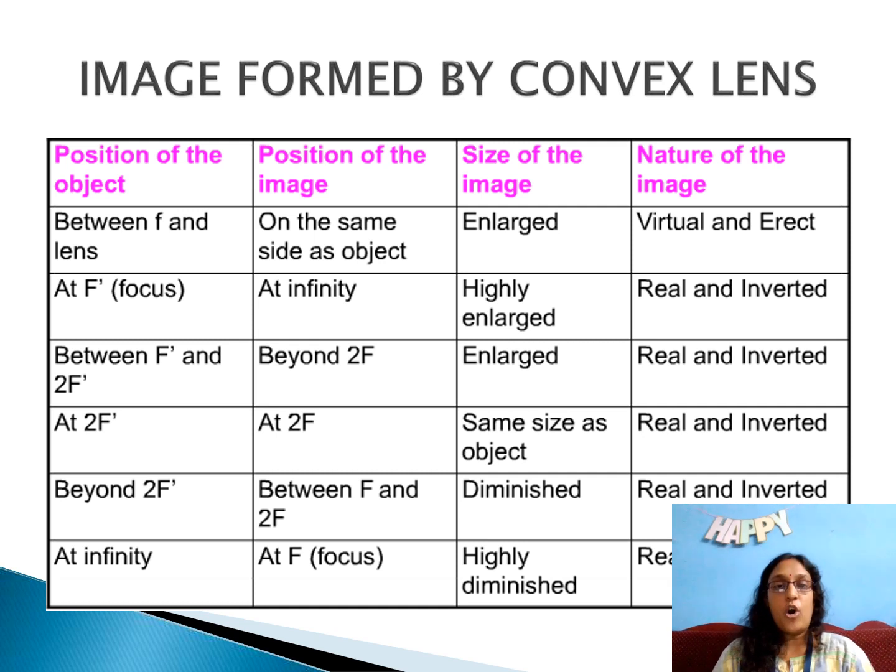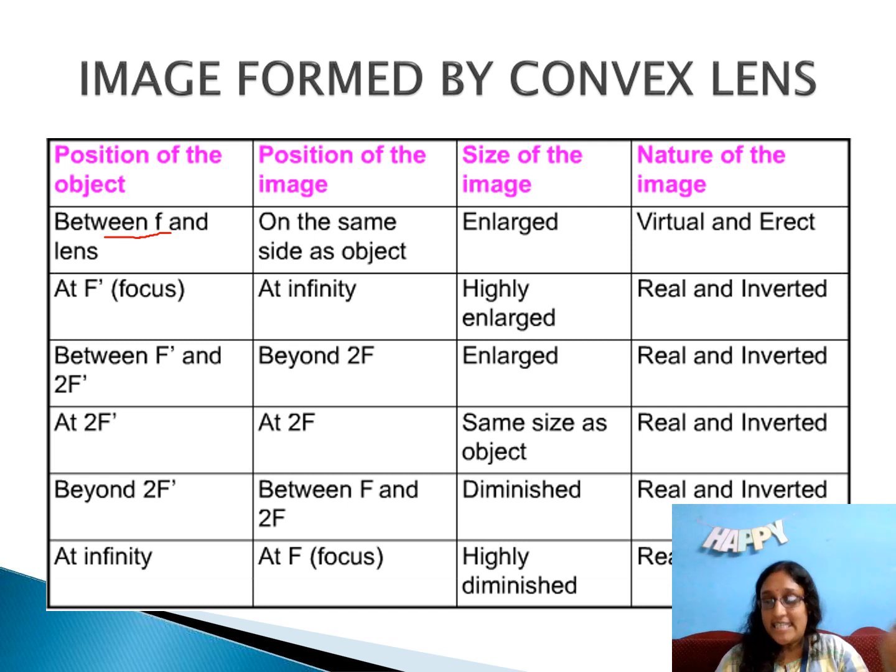This is the image formed by a convex lens. What is the position of the object? We've tabulated it here. You keep the object between F and the lens, and the position of the image you got is on the same side as the object.